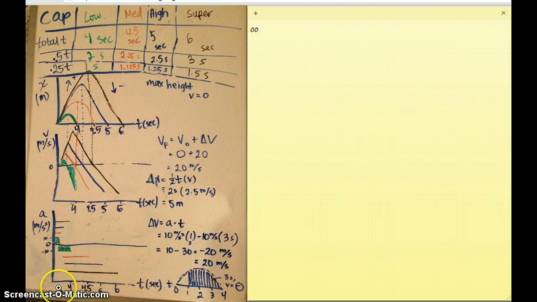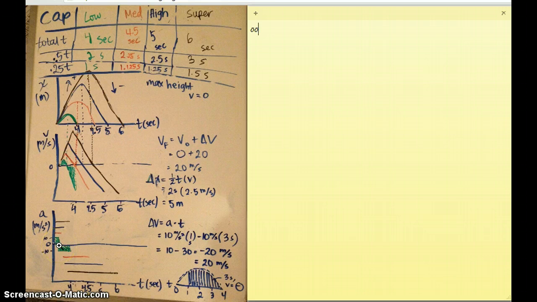okay, what was the change in velocity of the rocket? Well, you can find the change in velocity by calculating the area under the acceleration graph. So if we look at the green launch, this actually is not 2 seconds right here, this is 1 second.